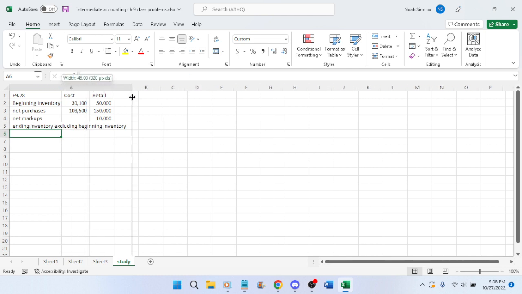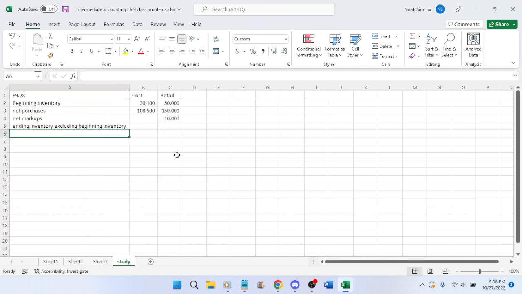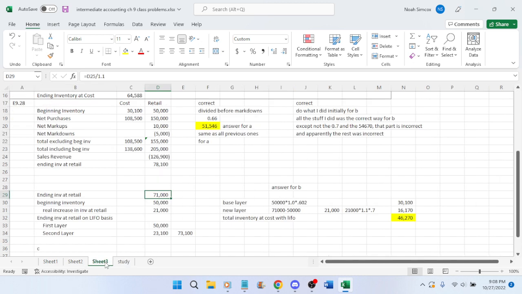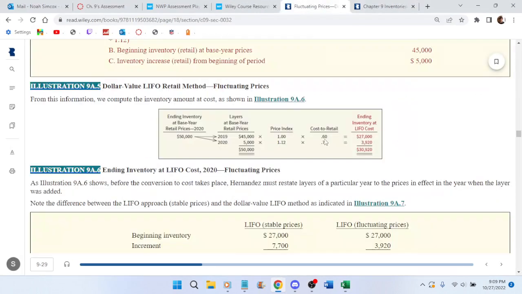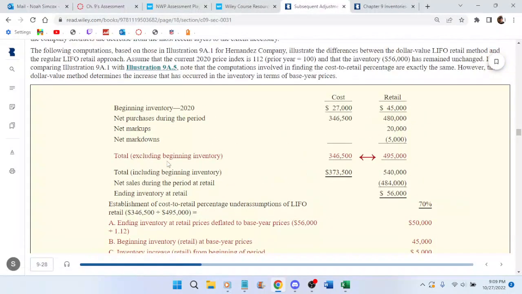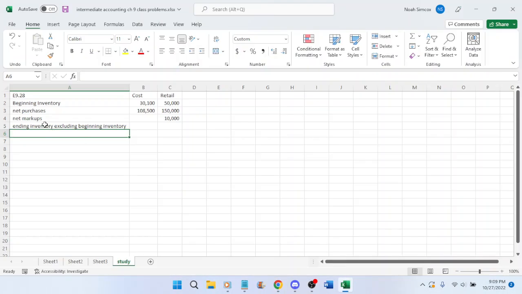I have to double check that. It says total excluding beginning inventory.